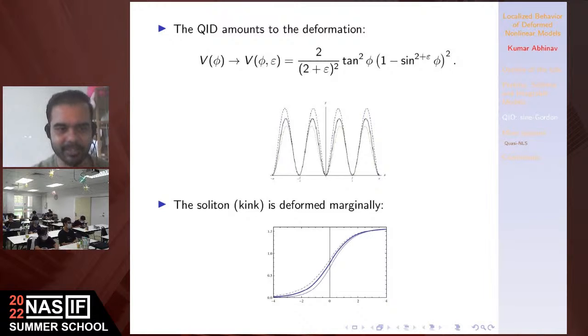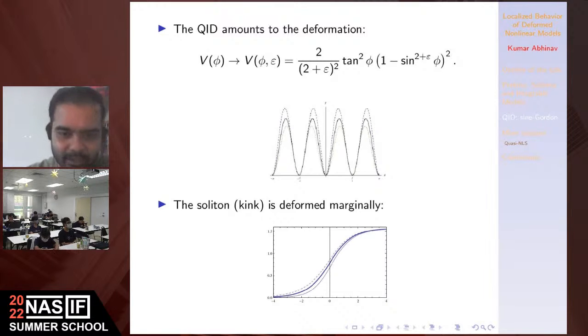So even if epsilon is 0.5, the effect can be very great. These are actually non-perturbative behaviors, although I am taking epsilon just 0.5. If you take epsilon to be 1, which is considered large, the deviation is not much, the essential shape remains the same. So this is a non-perturbative kind of deformation that I wanted to convey.